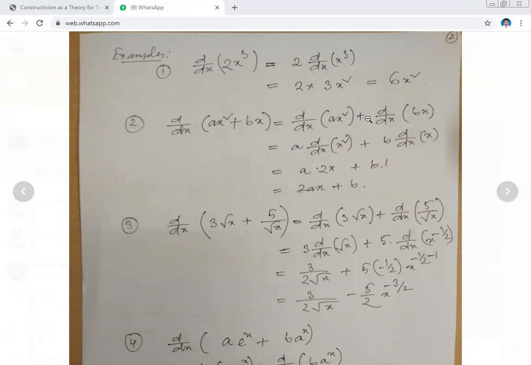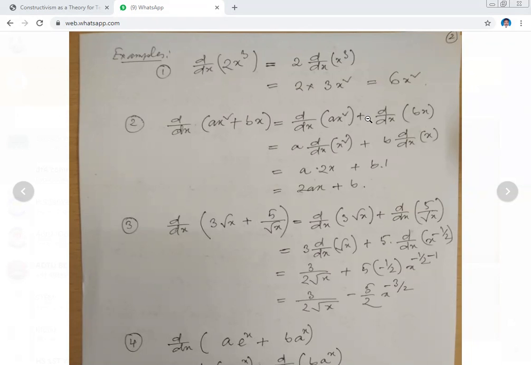And the second one, differentiation of two split functions. Split means two functions f(x) and g(x), which are in addition or subtraction form. Differentiation of f(x) plus g(x) or differentiation of f(x) minus g(x). So if two functions are there in addition or subtraction form, simply we need to differentiate each function.